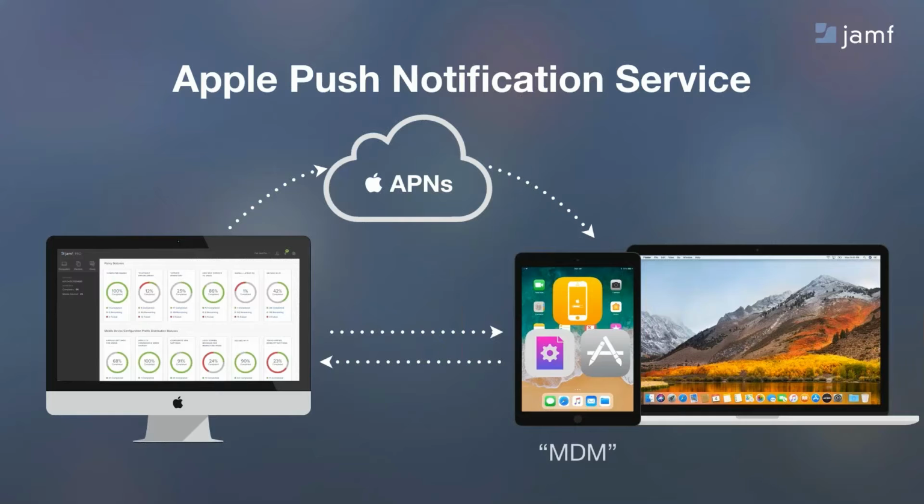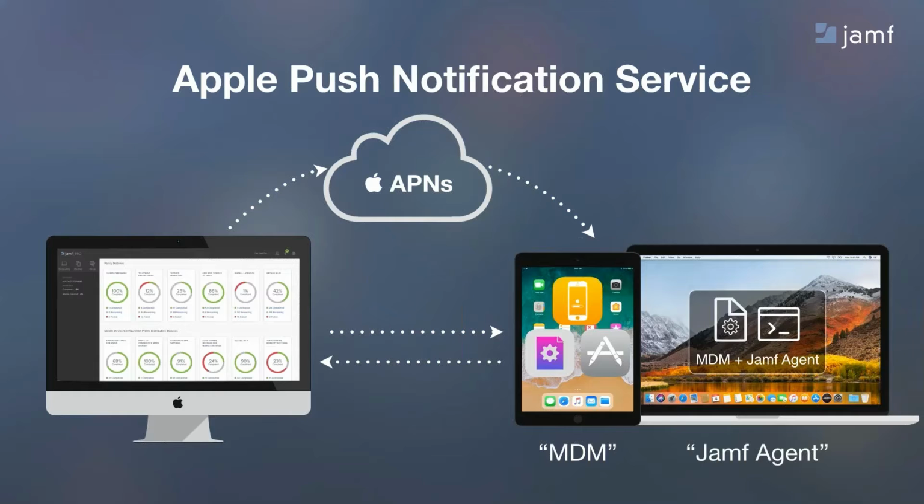And this is known as Mobile Device Management, or MDM, and it works on iOS, tvOS, and macOS devices. On the Mac, we take it one step further and install an agent for advanced Mac management. We'll take a deeper look at the agent just a little later in the webinar. For right now, we're going to focus in on MDM.